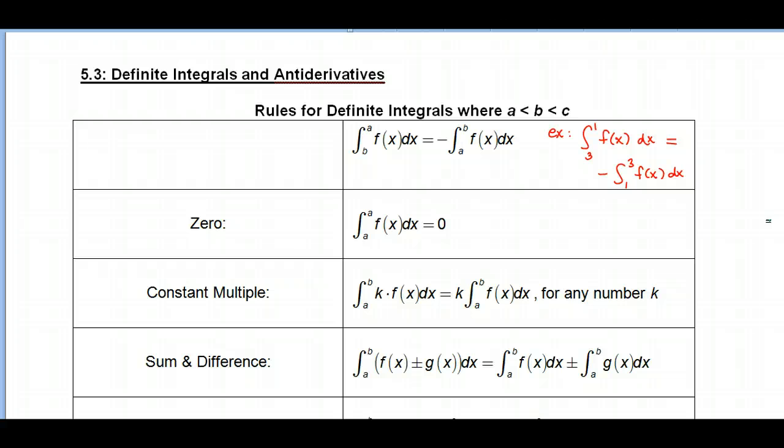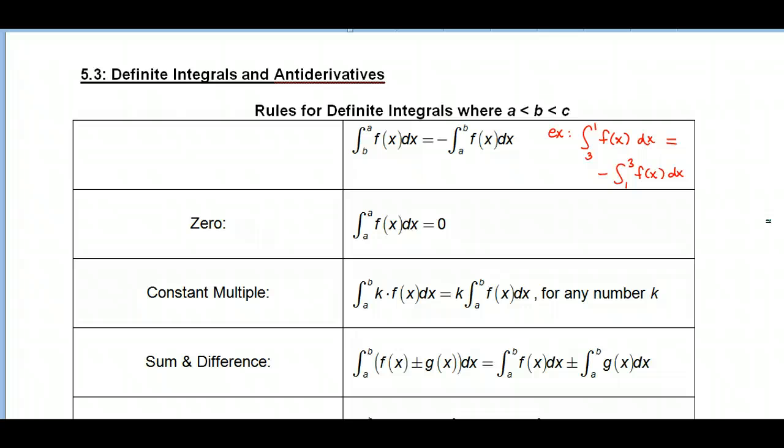You always want the bottom number to be smaller. So if it's not, we just switch them around.